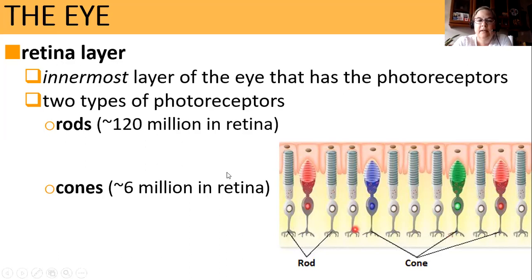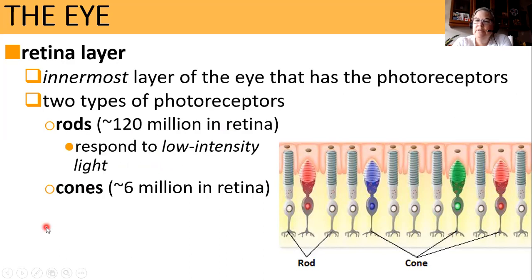Now we have about 20 times more rods than we do cones. Rods are responsible for responding to low intensity light. The light right now that I'm exposed to, with the light coming in from outside, is high intensity light.